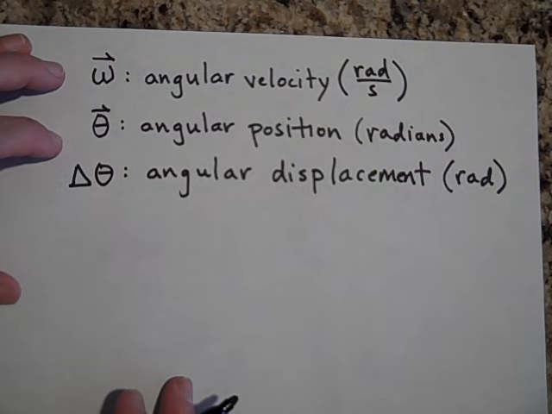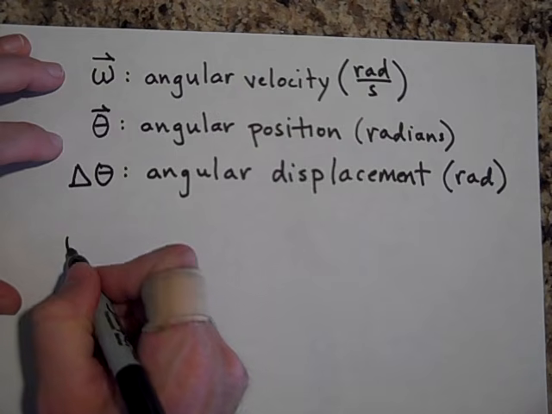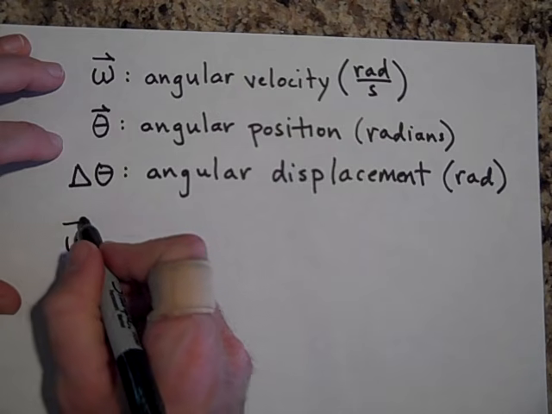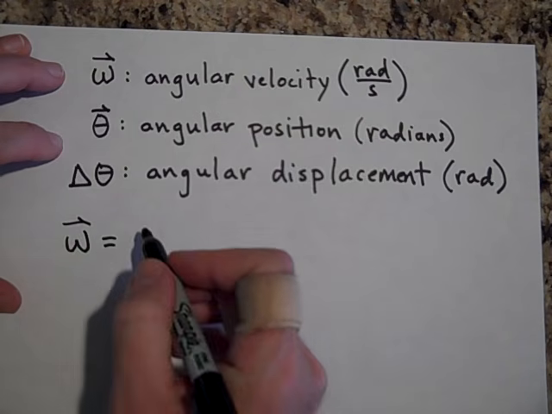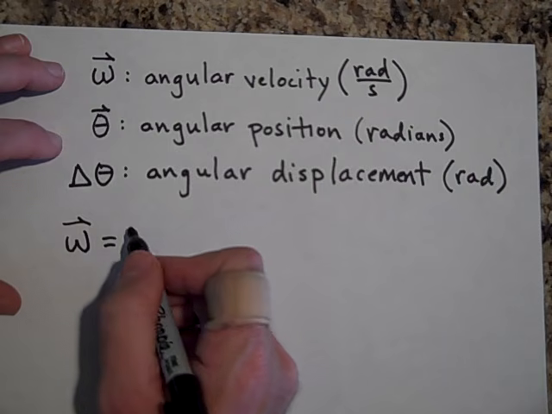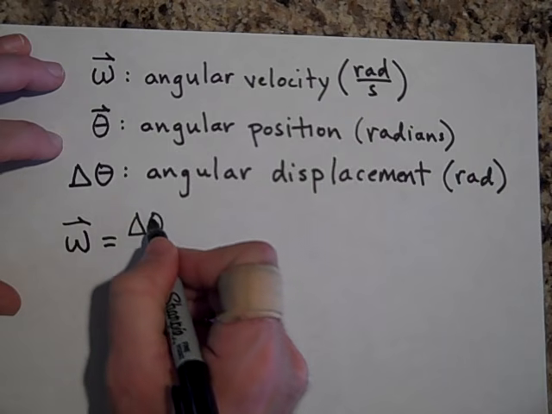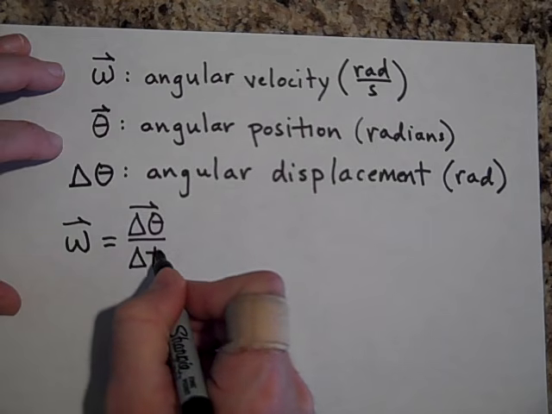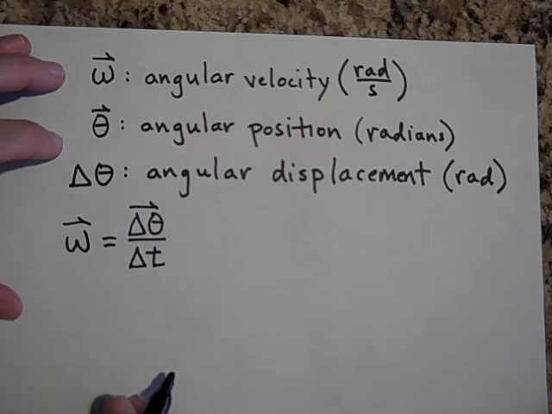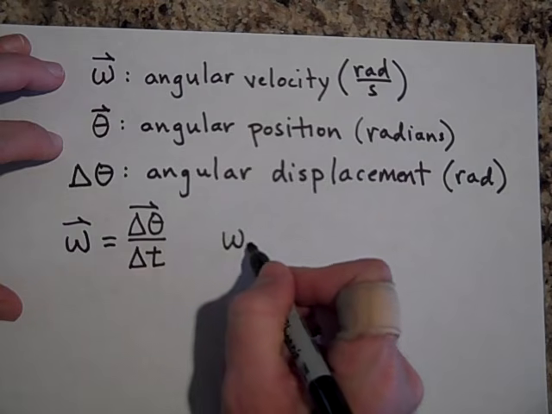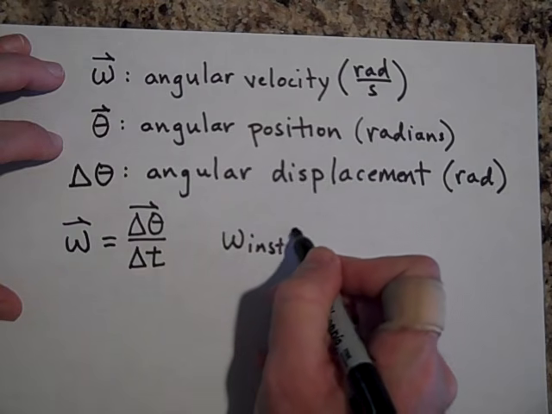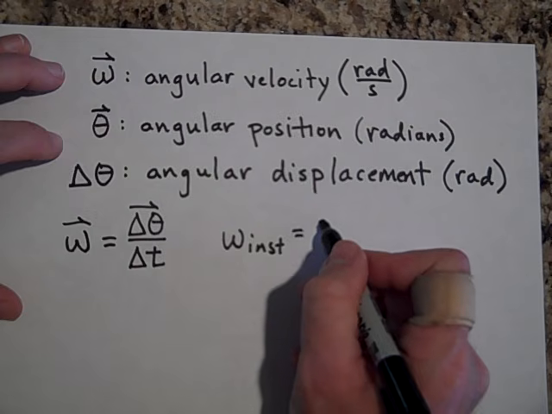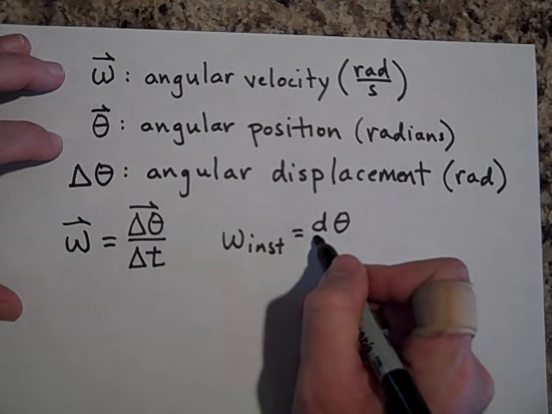And you can count on a few things. Angular velocity is equal to not delta x over delta t, but delta theta, the angular displacement, over delta t. The instantaneous angular speed will equal d theta dt.